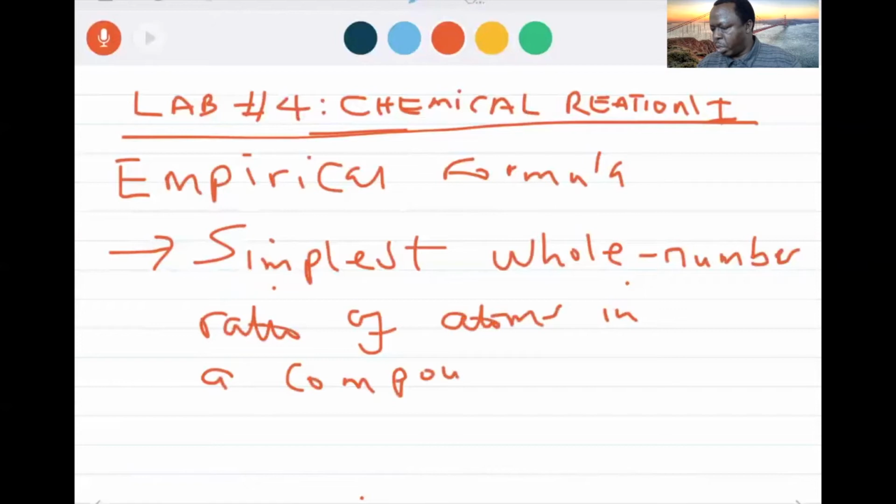That is the definition of empirical formula. You should be able to define it as simply the simplest whole number ratio of atoms in a compound.